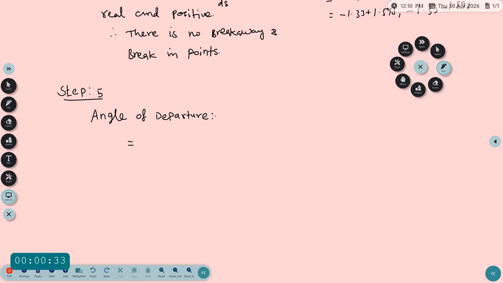From the centroid, we marked the dashed lines for the angles of asymptotes, plus or minus 60 and plus or minus 180. Then in step number 4, we checked whether there is any breakaway or breaking point. Since the roots of dk/ds are negative and complex conjugate, we concluded that there is no breakaway or breaking point.